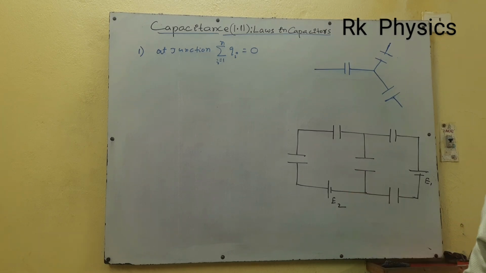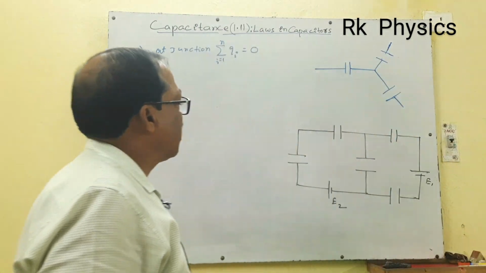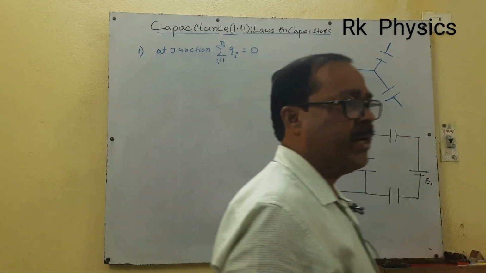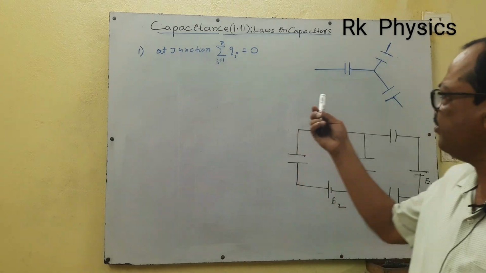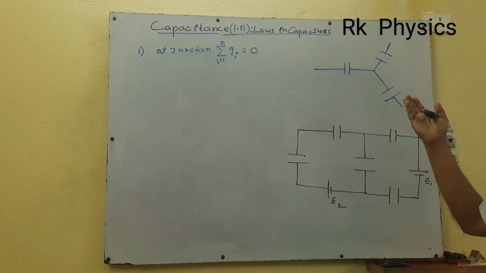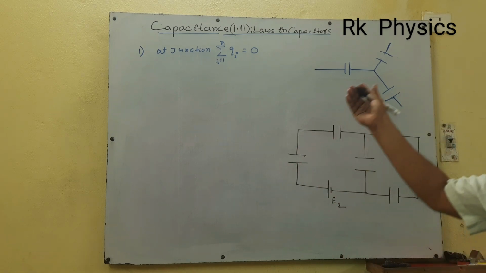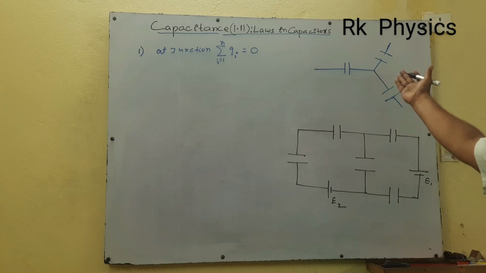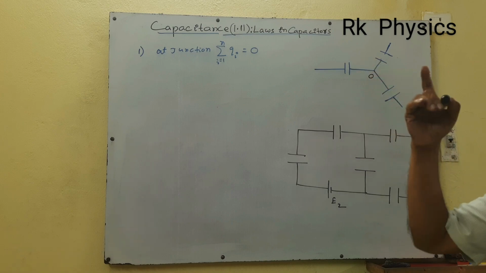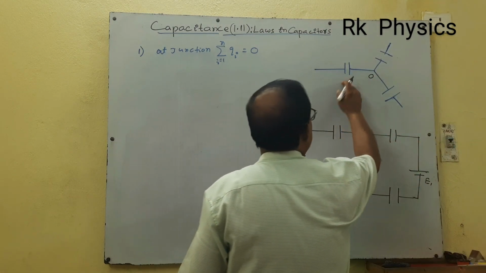Now, to explain the law, you can take some charges as positive, some charges as negative, but as per the principle of capacitor, some charges are plus, some charges are minus. Now, let us take an example, a junction. In this figure, O is the junction, and this is one capacitor.